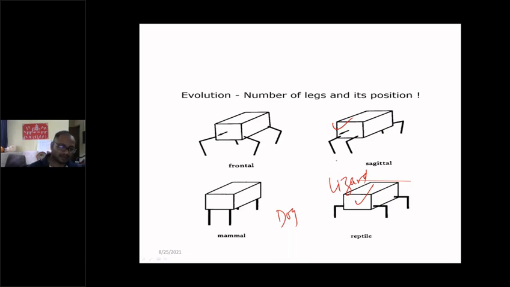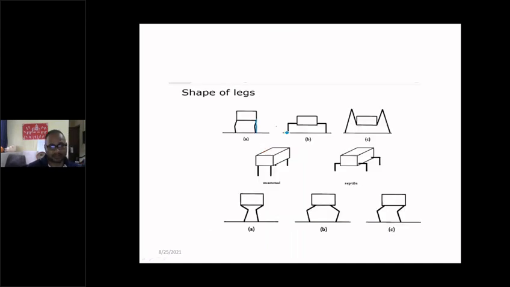Some are flying. And there are 3 planes. From the frontal direction you can see, from the sagittal direction you can visualize the walk, and from the top you can also see. There are 3 planes: frontal, sagittal, and top view. The shape of the leg is important.